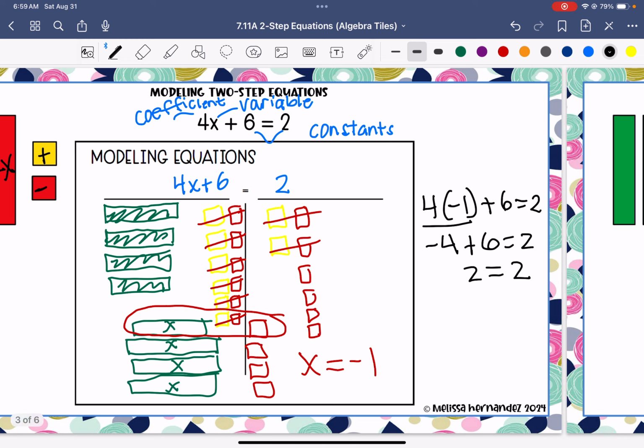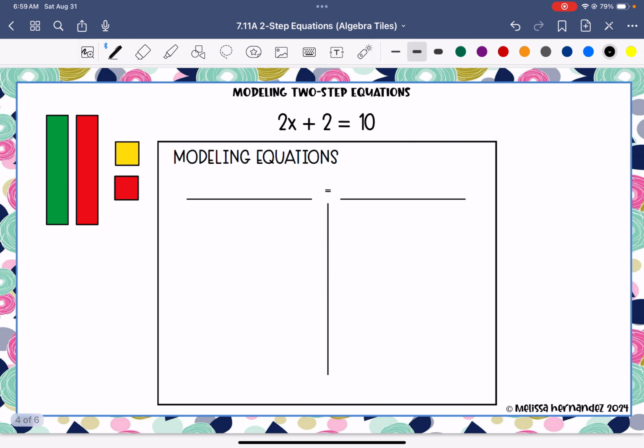All right, so for the next one, if you feel comfortable, I'd pause the video, try to set it up, at least set it up. All right, so in this case, we have 2x plus 2 on the left and then 10 on the right.